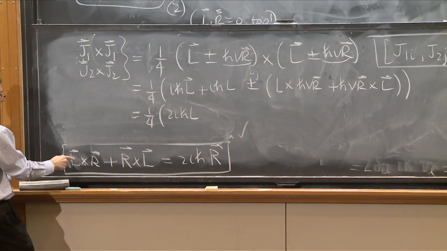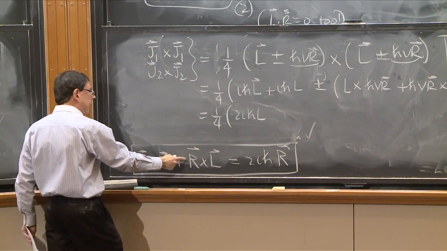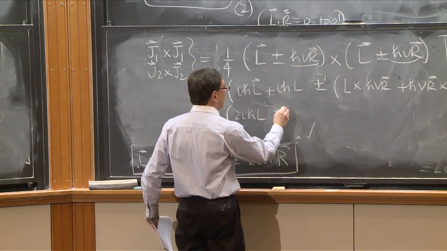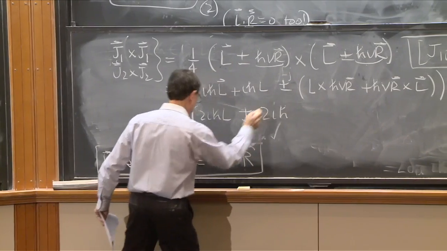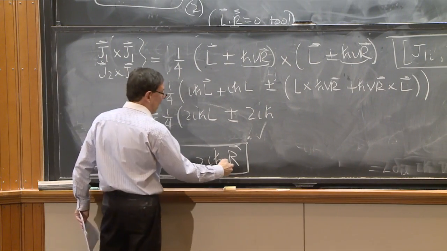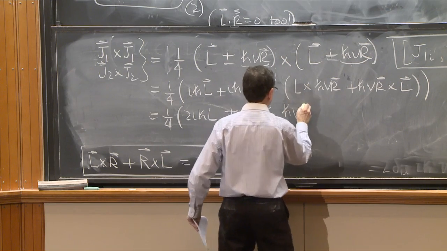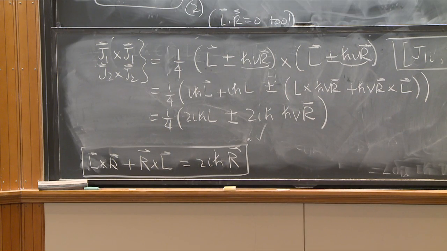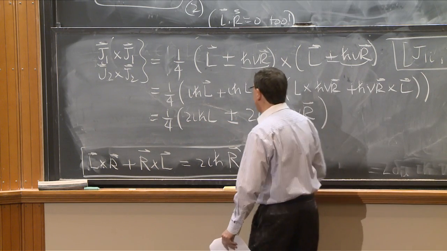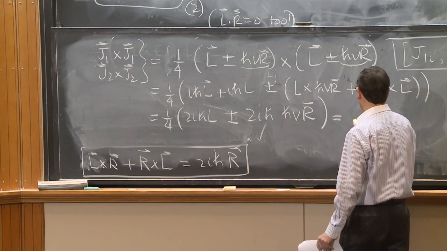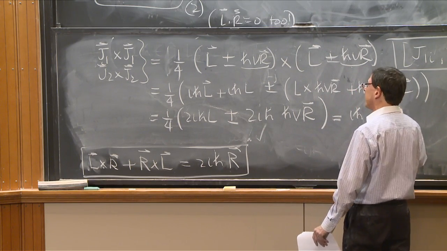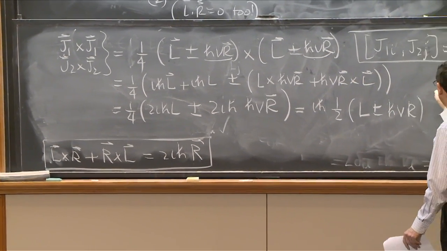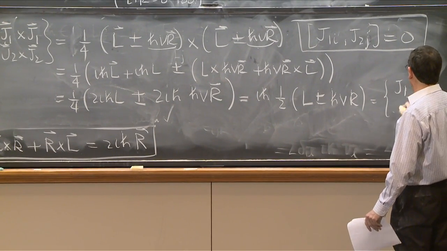And look at this formula. Just put an H nu here, an H nu here, and an H nu here. So you get plus minus 2 i H bar from here, and an H nu R. Okay, so the 2's and the 4's and the i H bar's go out, and you get i H bar times 1/2 times L plus minus H nu R, which is either J1 or J2.